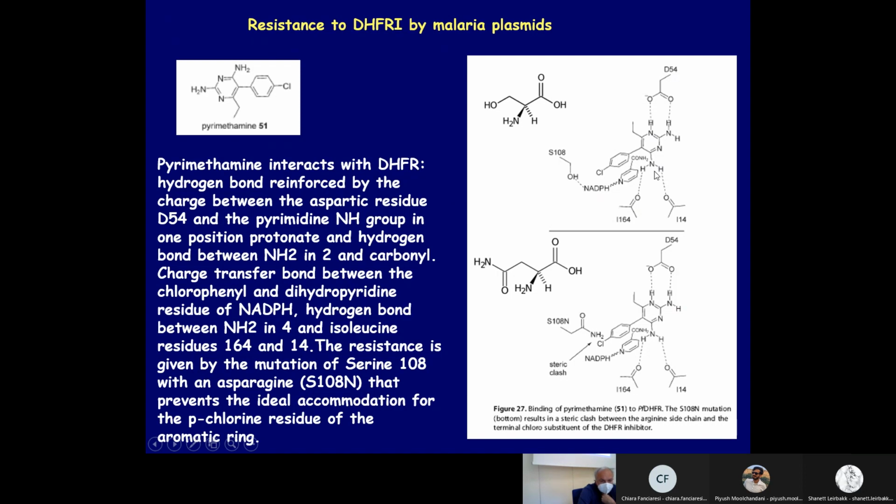Also, you can see this NH2 able to give hydrogen bonds with the two carbonylic residues. And also you can see the accommodation of the parachlorobenzene ring in this position, very close to serine 108.